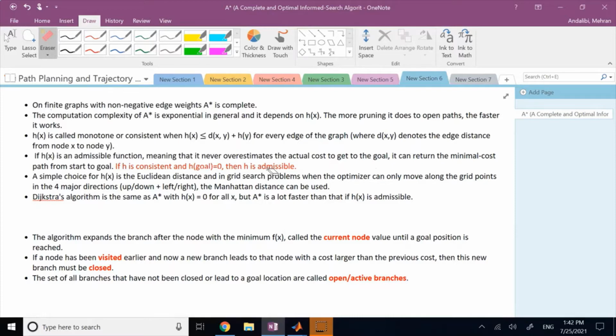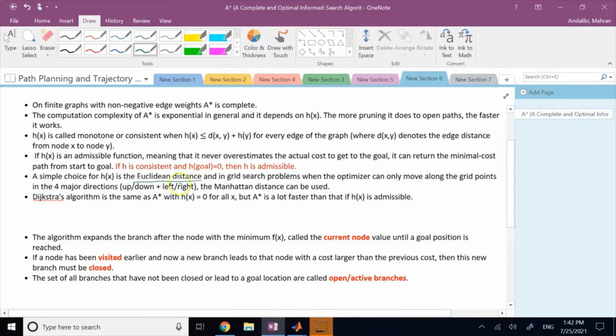Now you might say, okay, with all that, what kind of function can I choose for H? Right? What type of function? Well, there are different methods that could give you some general guidance for how to choose H. But one of the functions that can help in many path planning algorithms is just the Euclidean distance, right?